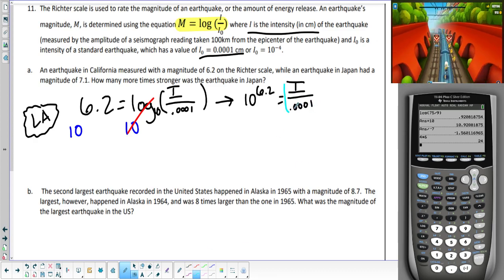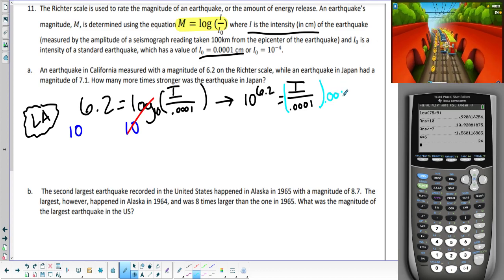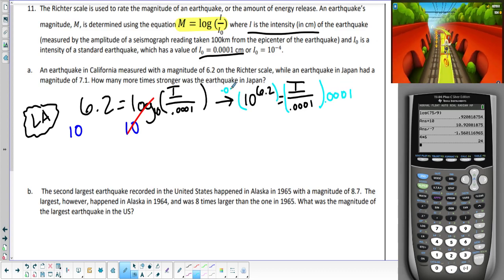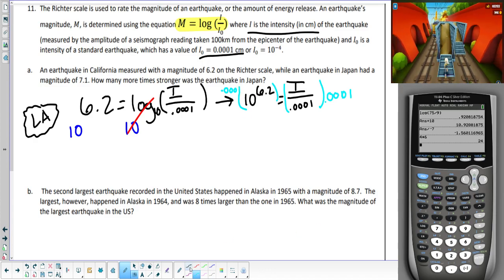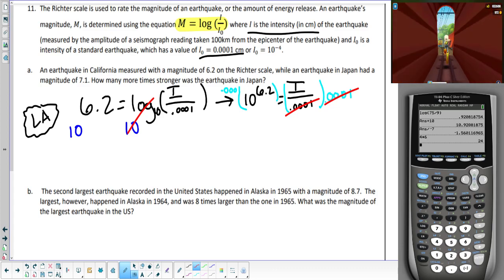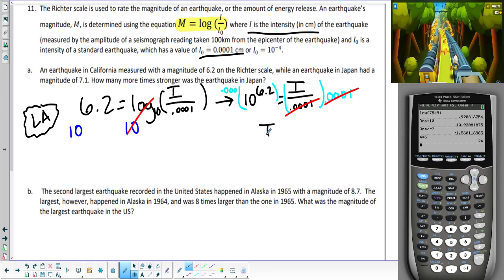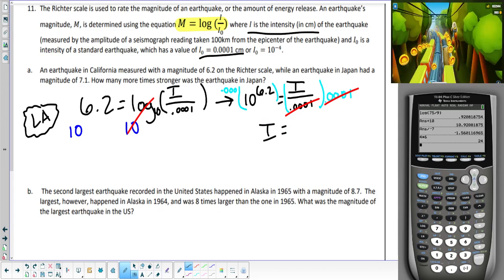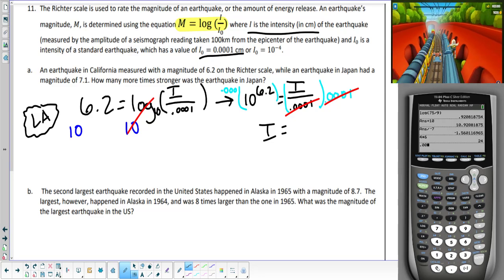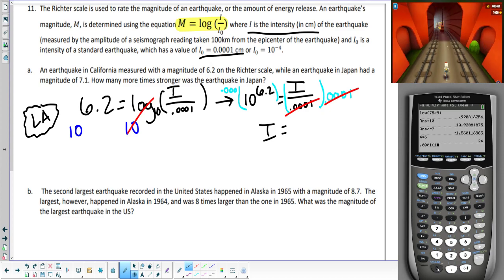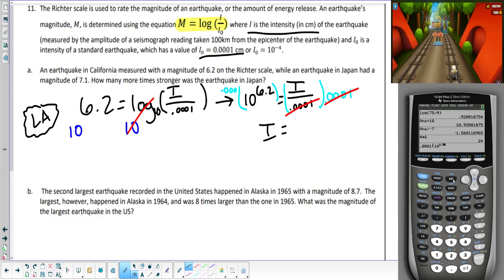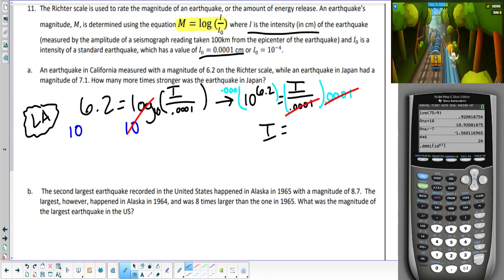I'm then going to multiply both sides by 0.0001, and do that over here as well. And that'll get I by itself, right? And so then, in a calculator, I'll just say that I is equal to 0.0001 times 10 to the power of 6.2, like so.